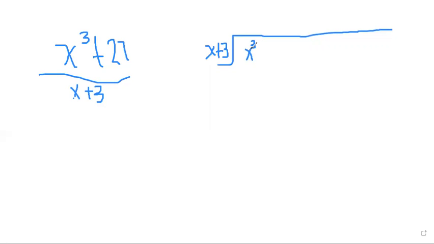You have to go in descending order, all right? So given x cubed, what would be the next lower degree? X squared. What will follow that? Just x to the 1 or x. And then we will have 27.